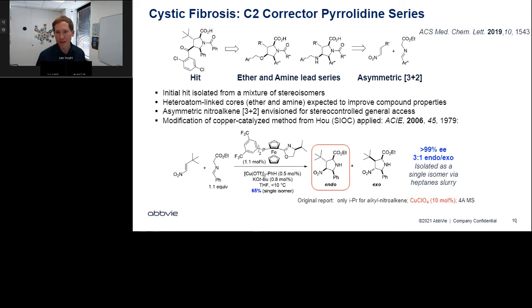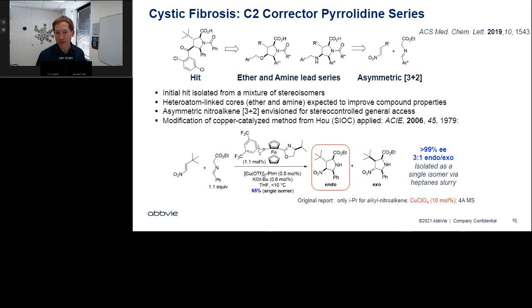So with this as a strategy in mind, we scanned the literature and found very few examples of alkyl nitroolefins successfully engaging in asymmetric 3+2 type transformations. This paper in particular had just one example of an alkyl nitroolefin, which was isopropyl. All others were aryl, and that was really common across the literature for this kind of reaction.